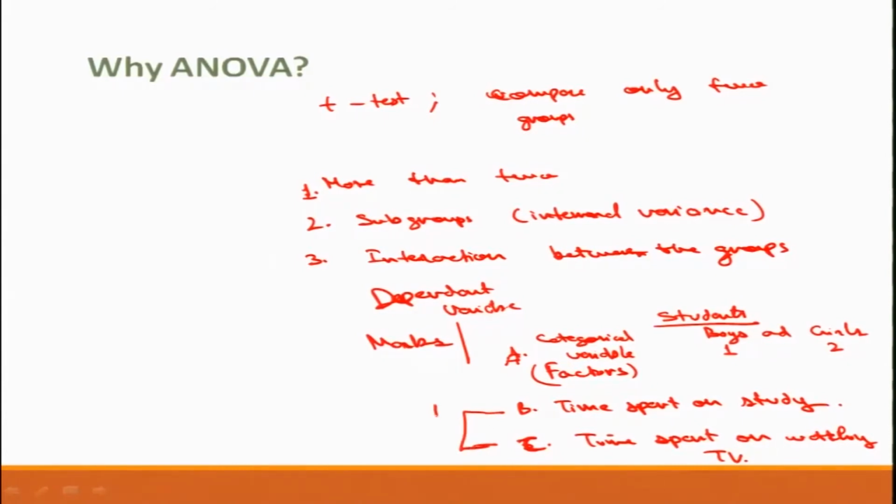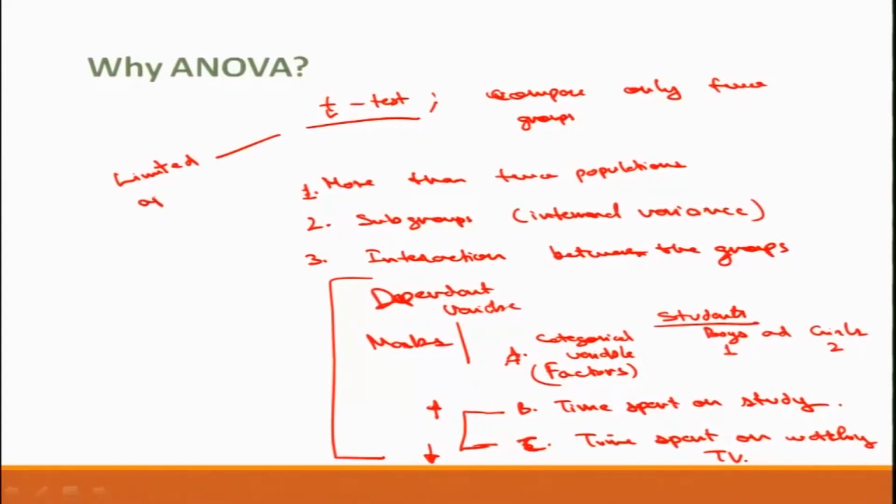However, if he spends more time on study, he would spend less time on watching TV. So there might exist an interaction here. So ANOVA is used to compare more than two populations, and subgroups' internal variance is also considered there, and we can also see the interactions. All these things the T-test cannot do. The T-test has a limited application.